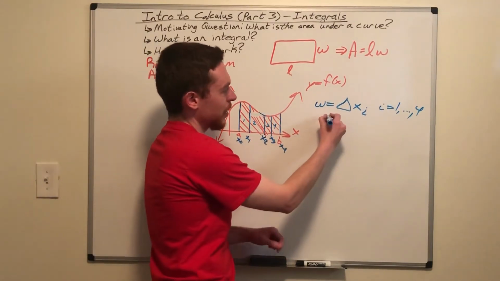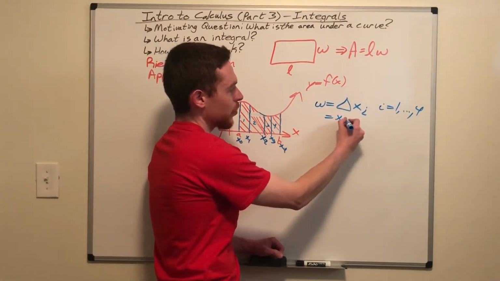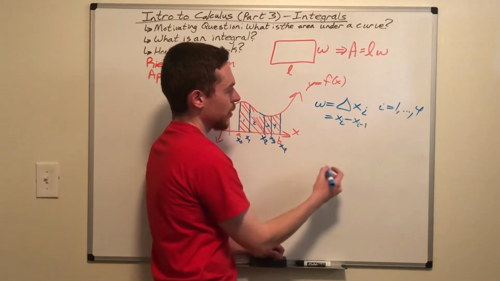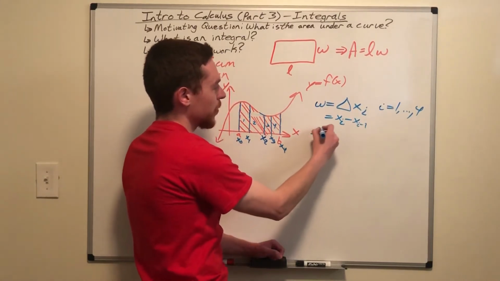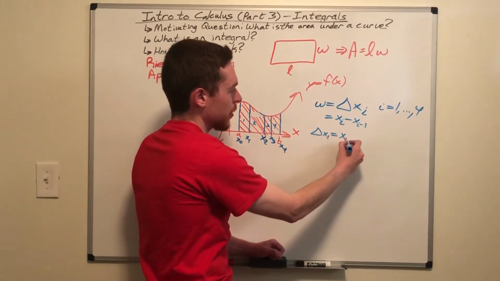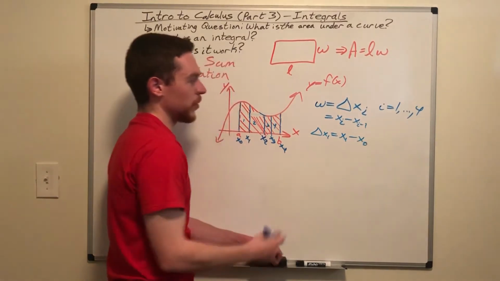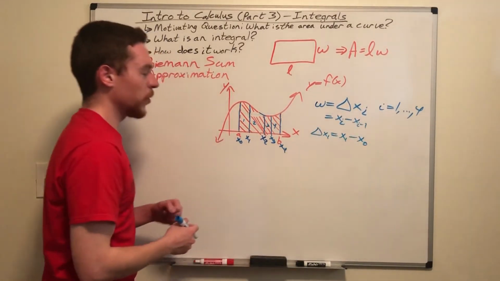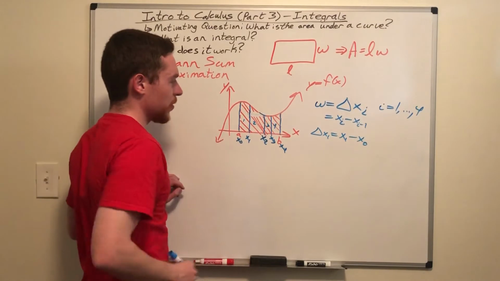And how we calculate that is we look at the right endpoint minus the left endpoint. So for instance, the width of our first rectangle is x1 minus x0. At i equals 1, that's what we would get out, and that tells us the width of our first rectangle.